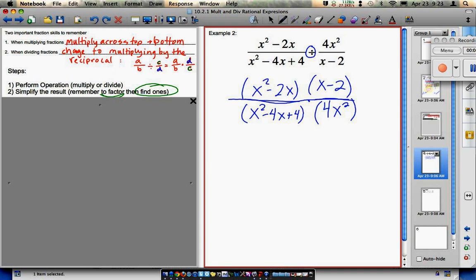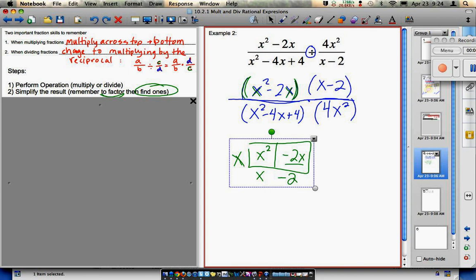Now I look for ways to factor. So let's take a look at this first pair of parentheses. This right here can be factored because they both have a common x. So again, I see that common x, I pull it out of the x squared minus 2x, and I see that x times x would give me x squared, and x times negative 2 would give me the negative 2x.